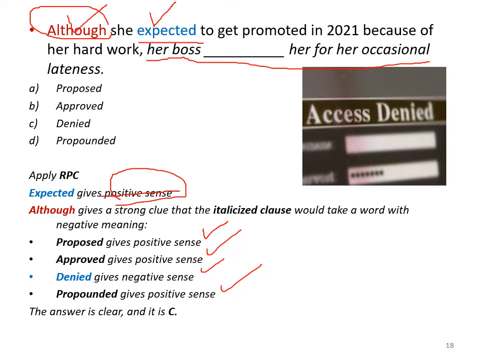So that means that although sets the tone and tells you simply that you have to find the opposite sense of this word, or some word which means the opposite or contrary. So what is the correct option? The correct option is C, denied. This is the only option which gives a negative connotation. This is the positive one. Yeah, so that is how you have to choose.